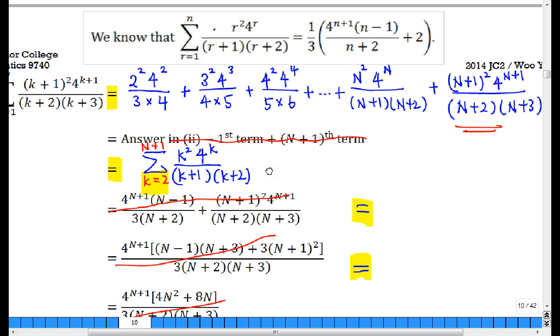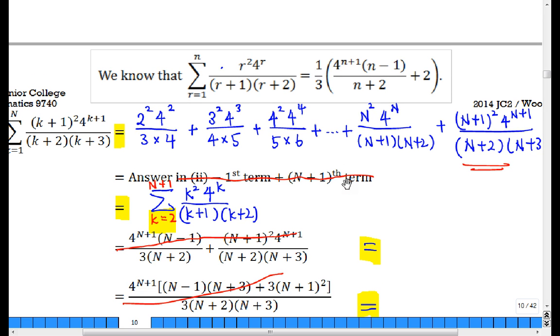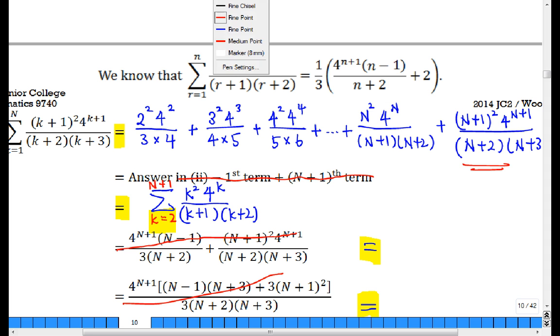Nearly done. This example is nearly done, not completely done. The result earlier, you look here, we know that this one is equal to this, provided it starts off with r equals 1.